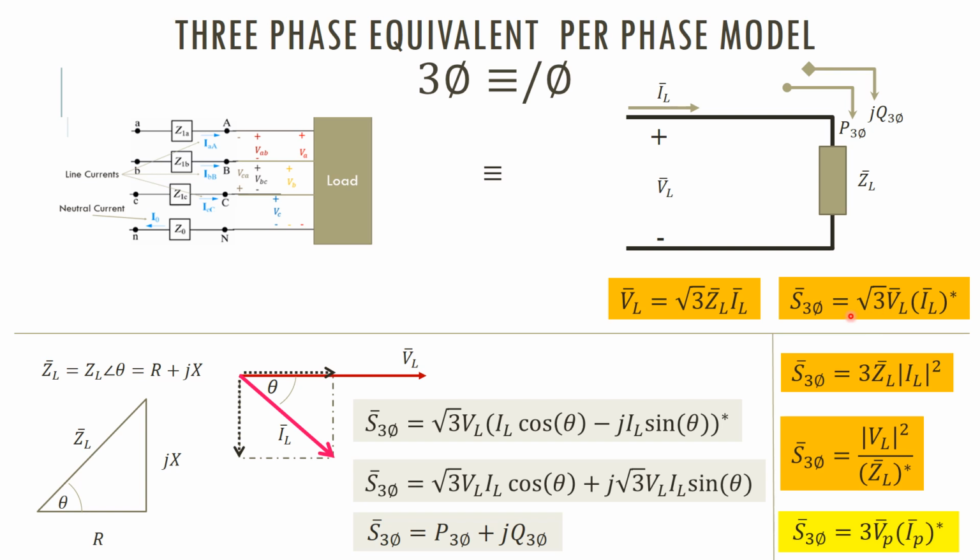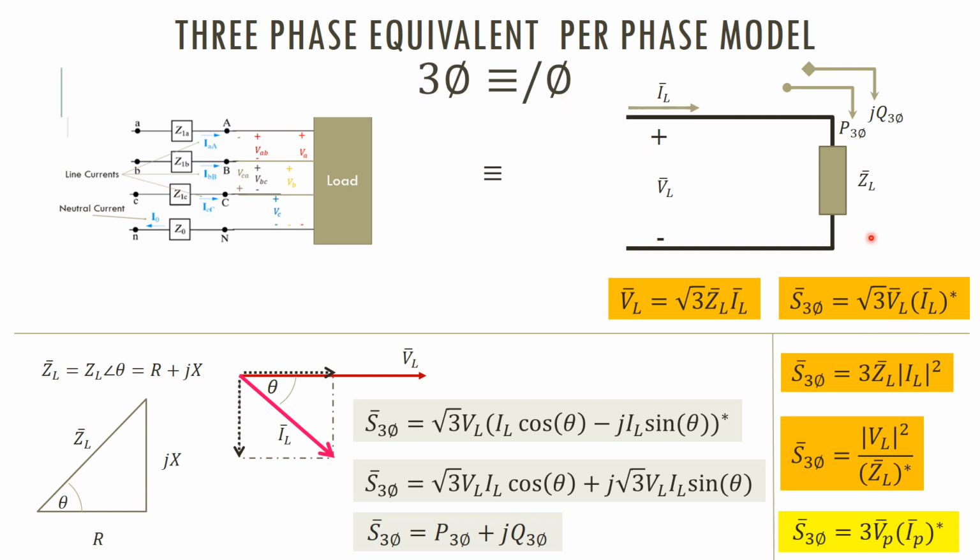Here also, you have studied in a single phase system, the S phasor, the complex power, is equal to VL into IL, right? But here a root 3 term comes in, root 3 VL into IL conjugate, right? Because it is not a single phase system, this is actually a three-phase equivalent per phase system.